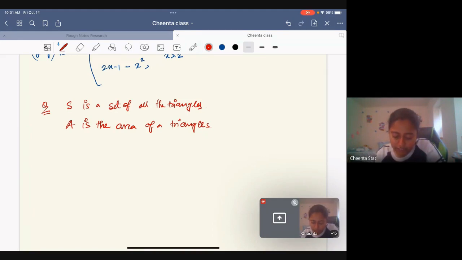So we are defining a function from A to S.